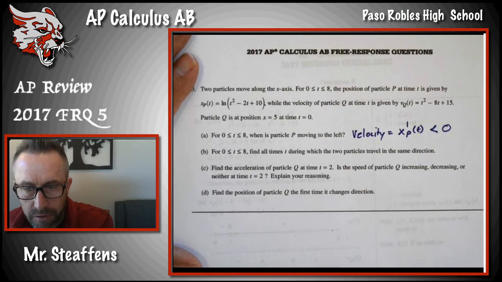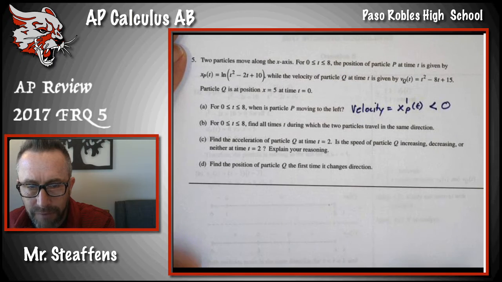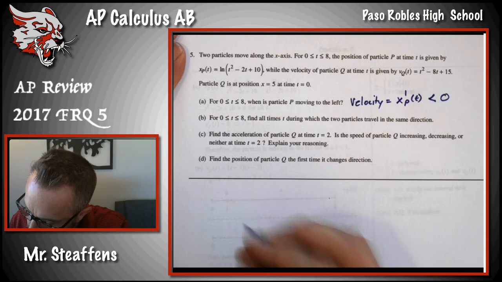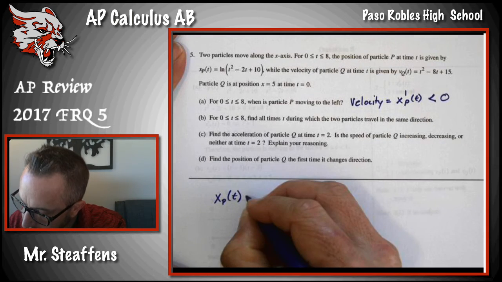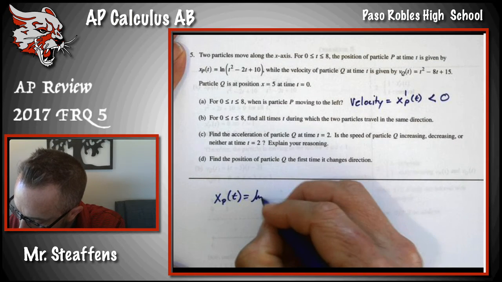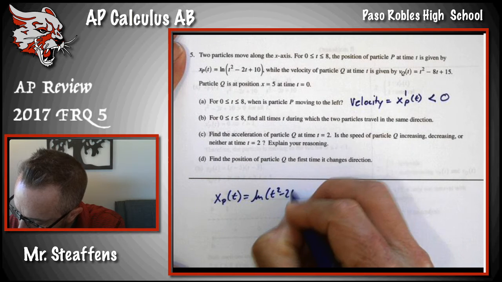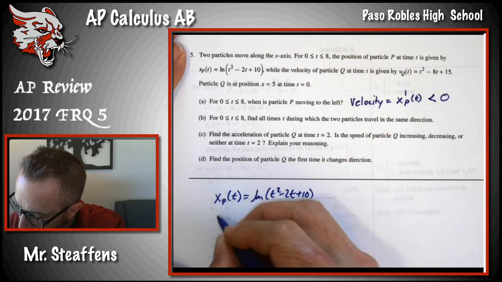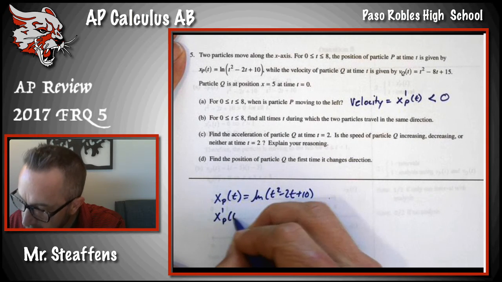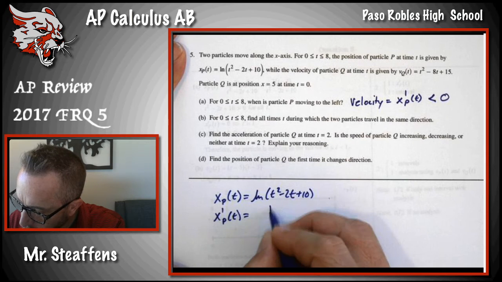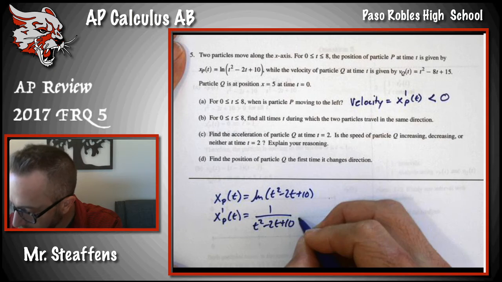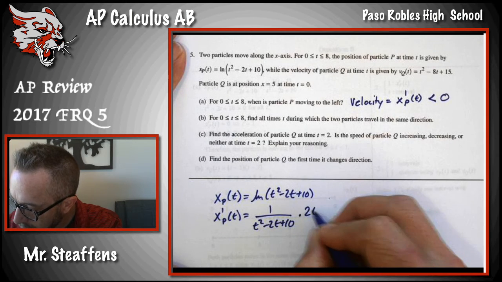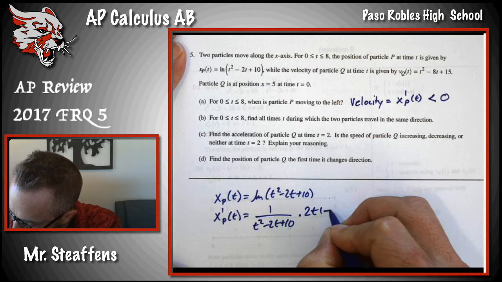So if x for P is the ln of t squared minus 2t plus 10, then x prime, the velocity function, is going to be 1 over all of that, t squared minus 2t plus 10, and then chain rule 2t minus 2.